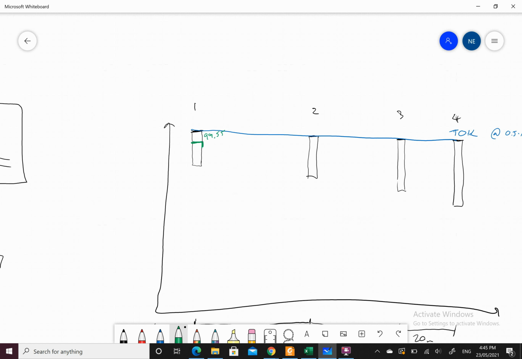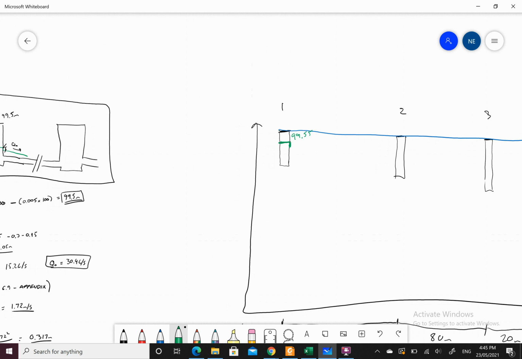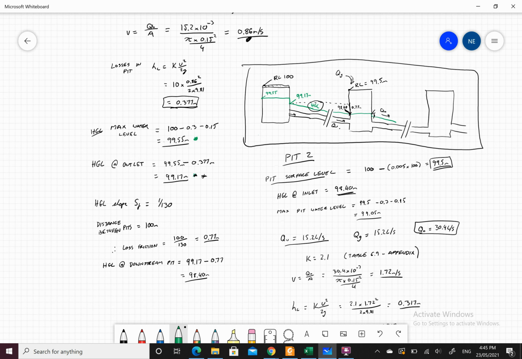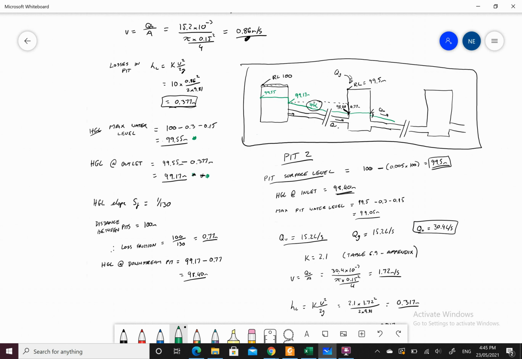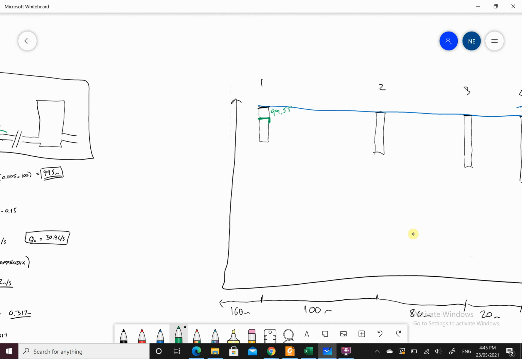It then drops, and then it moves again. That drop is this point at the outlet, which is 99.17.